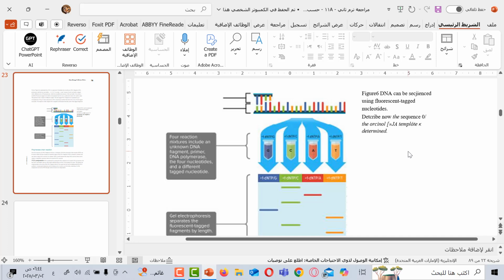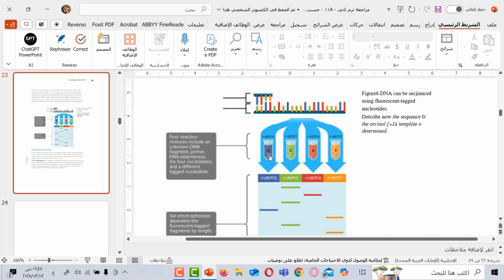Number 1 is a fragment of DNA, the DNA which we want to know the sequence of nucleotides or nitrogen bases in. This is the first. Number 2, we will put normal nucleotides, nitrogen bases, and nitrogen bases with a fluorescent dye, like we see here.